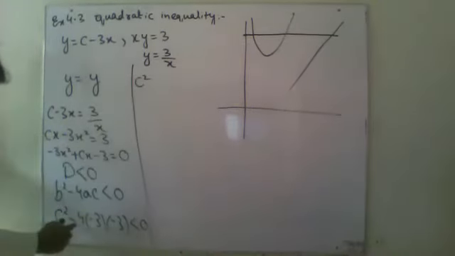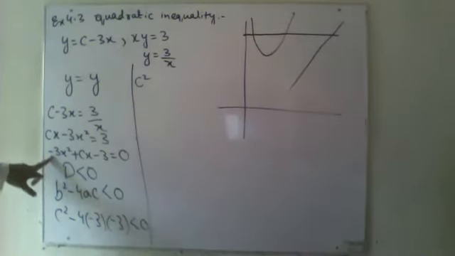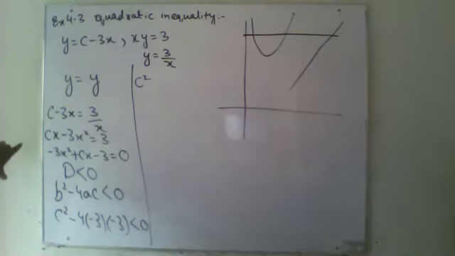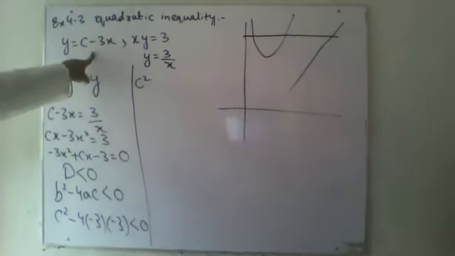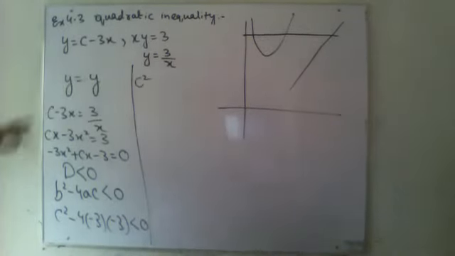I'm writing everything in correct order. C minus 3x. This is correct. I've shifted it over here. I've combined them.